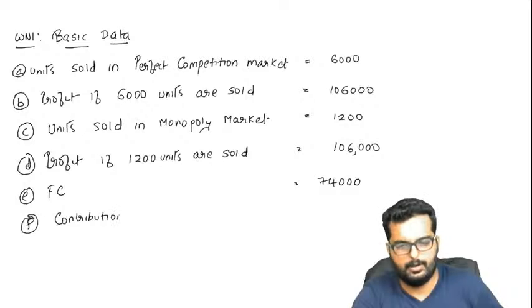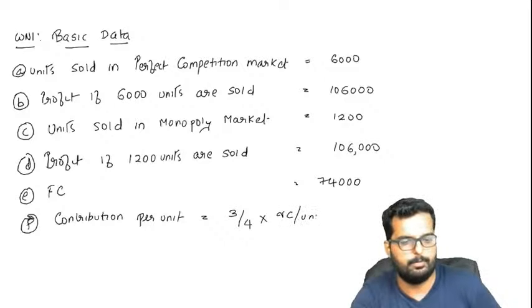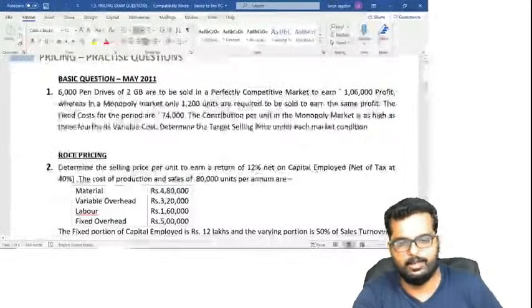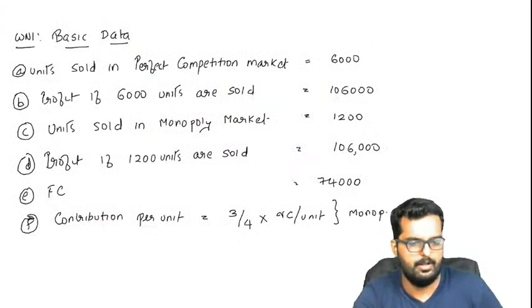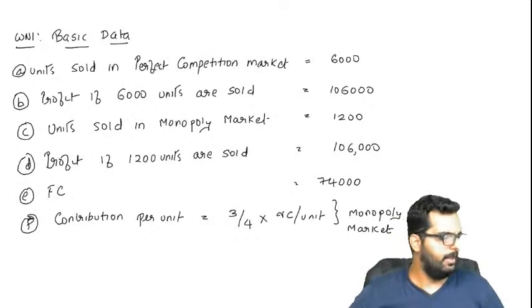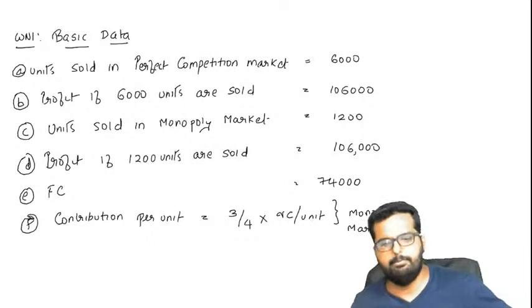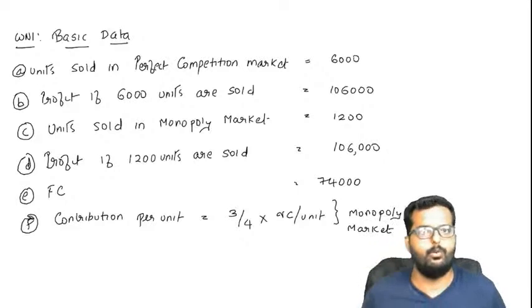Contribution per unit is equal to 3/4 into variable cost per unit. This is in which market, friends? In the monopoly market, correct? Monopoly market. Please write this down in your books, friends. By writing this down, we actually get a basic understanding of what we are going to do.